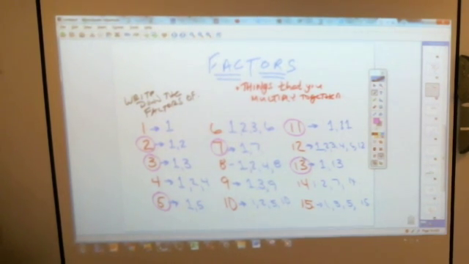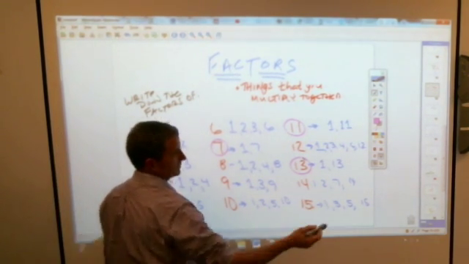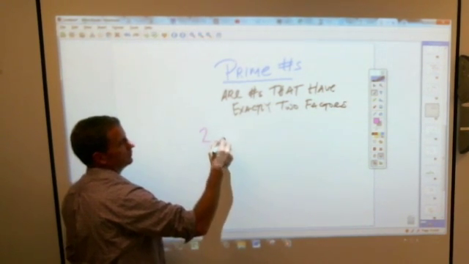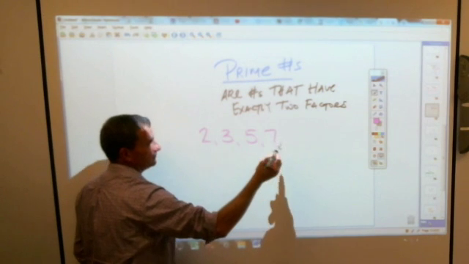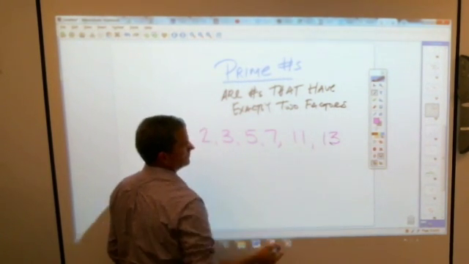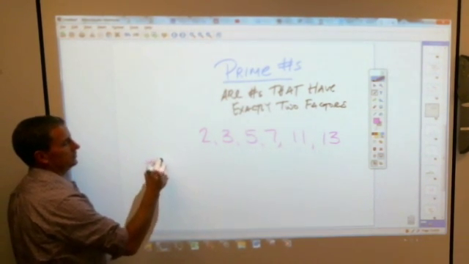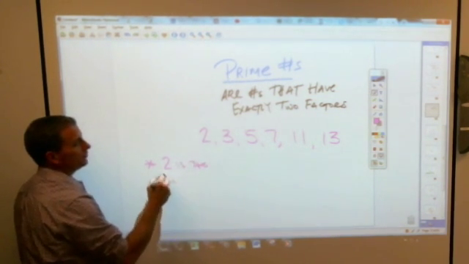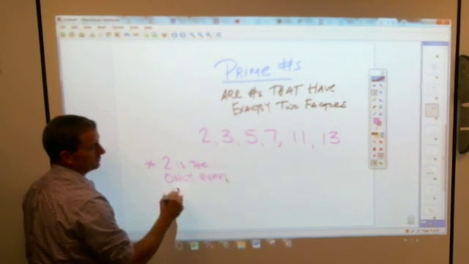Please note a couple things under prime numbers. It was 2, 3, 5, 7, 11, 13. Please know this in prime numbers, that 2 is the only even prime number.